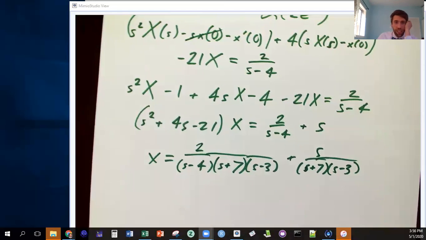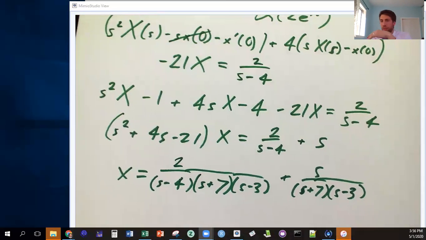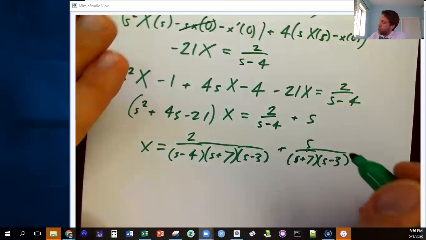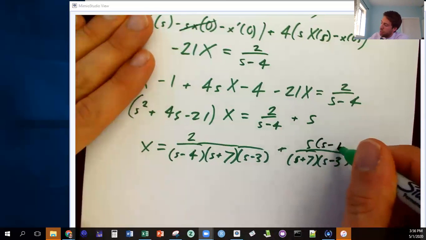All right, so now it's time for partial fractions fun. If I combine these terms, I'll only have to do partial fractions once. So at least there would be that, even if it's larger partial fractions. The one I'm missing is s minus 4, so let's just multiply top and bottom by s minus 4 here.